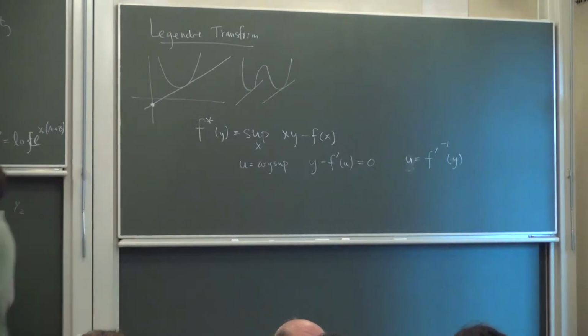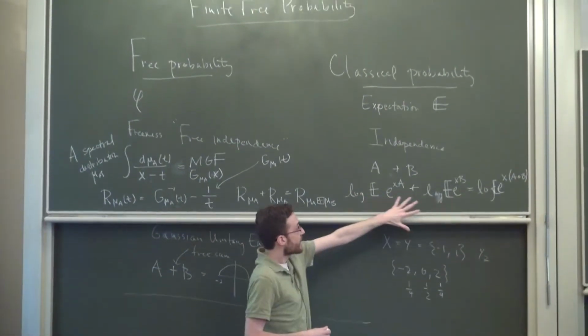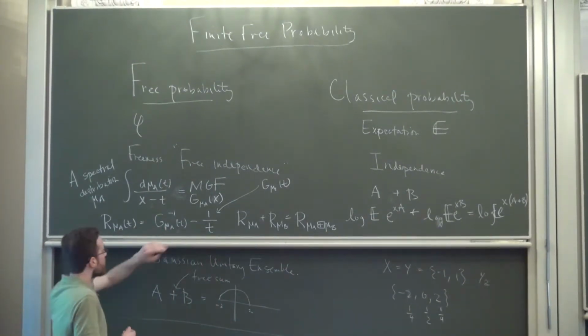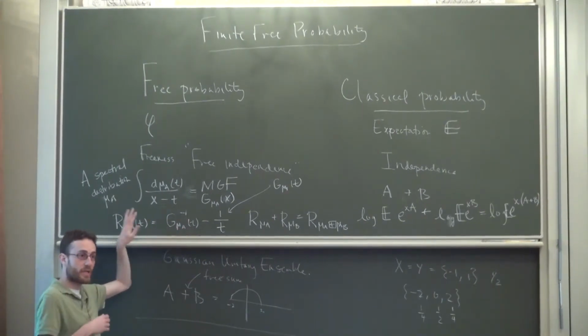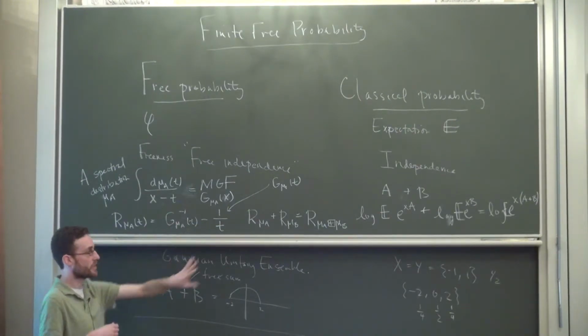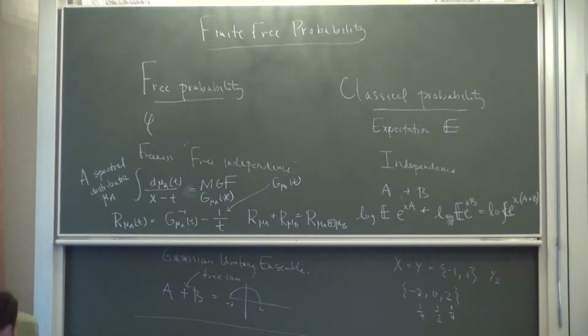So all of the combinatorial action in the classical case is happening because you're taking a log. Here, all of the combinatorial action is taking place because you're taking an inverse. And so in order to understand what's happening here, we're going to try and understand the inverse. And the way of understanding the inverse is to use this transform.